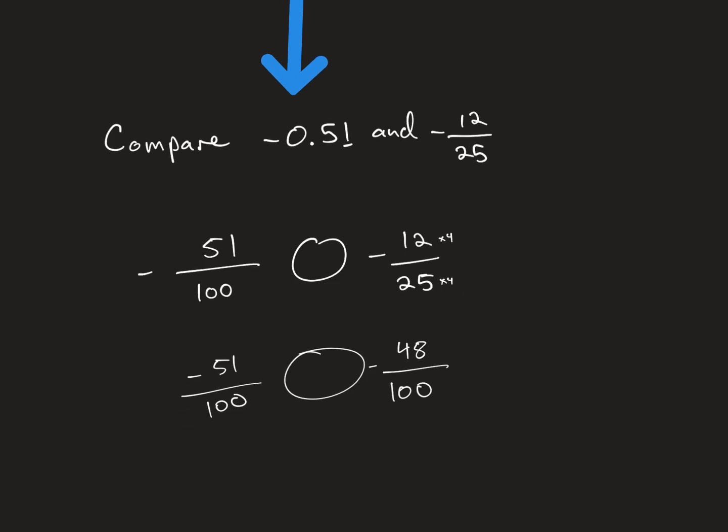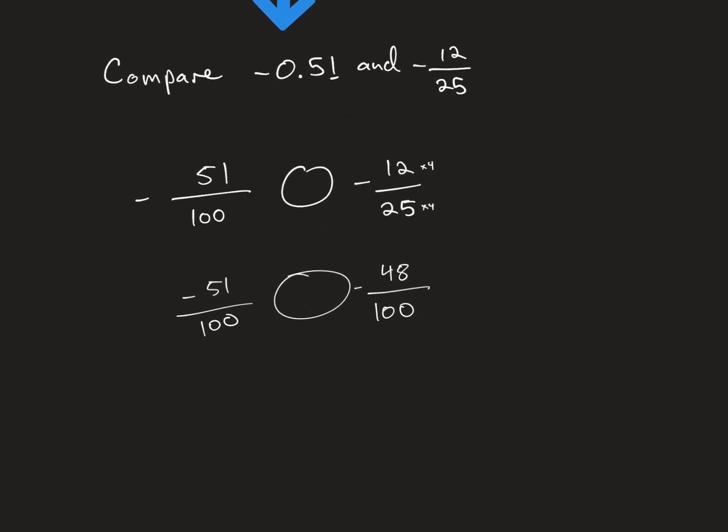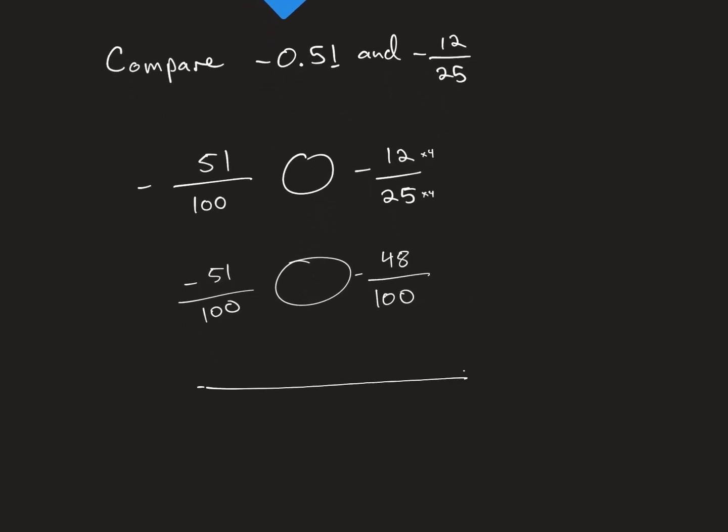Now I have to go back into my number line system. If I have 0, and then I go to negative 1, so negative 0.25, negative 0.5, and negative 0.75.